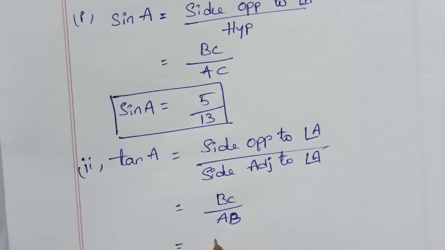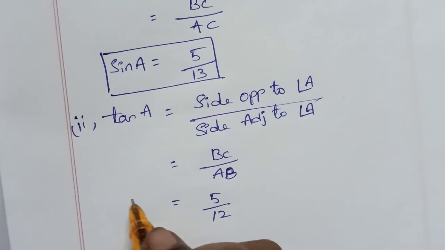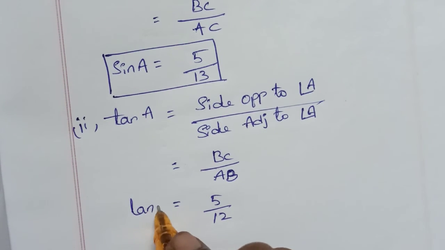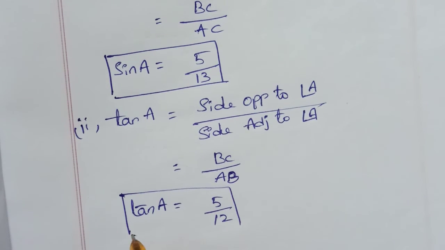BC length is 5 and AB length is 12. Therefore tan A is equal to 5 by 12.